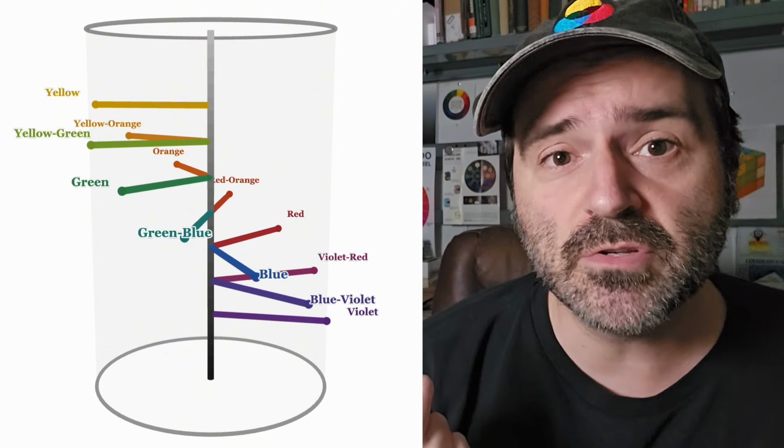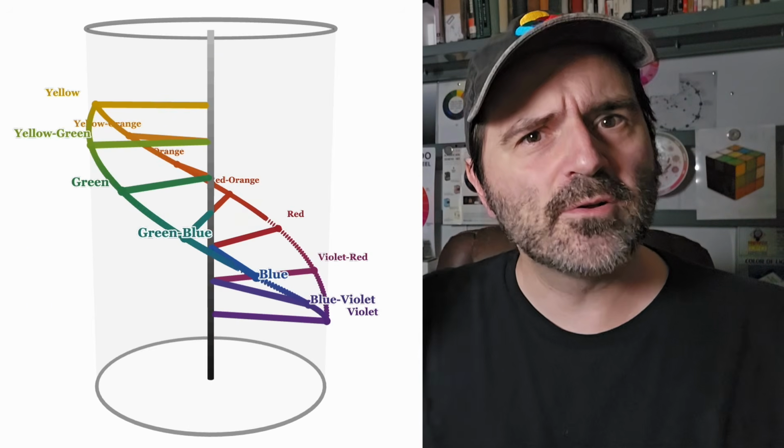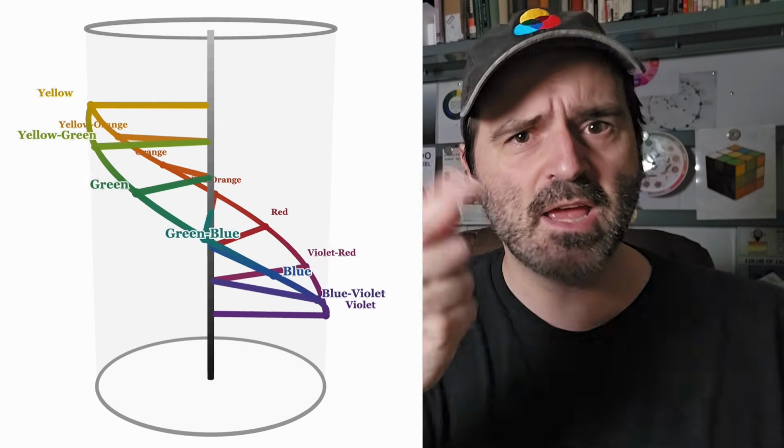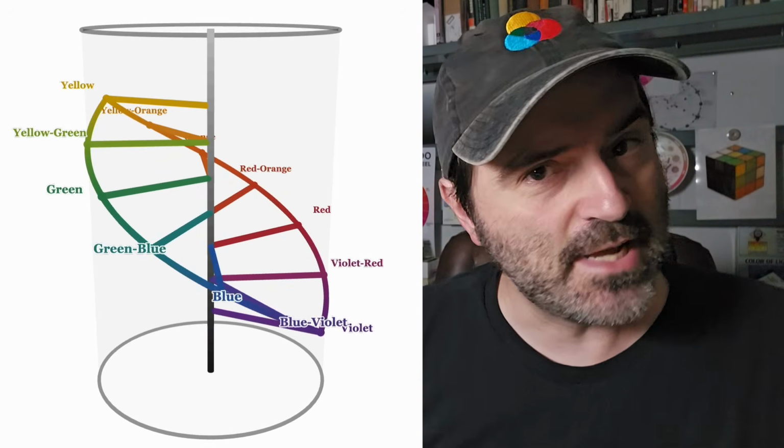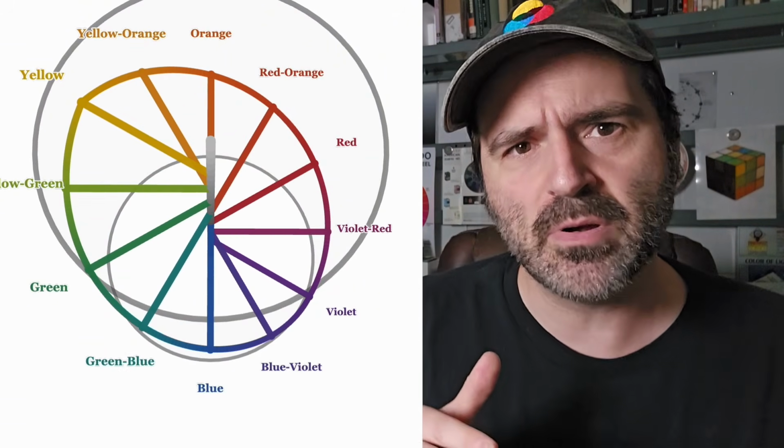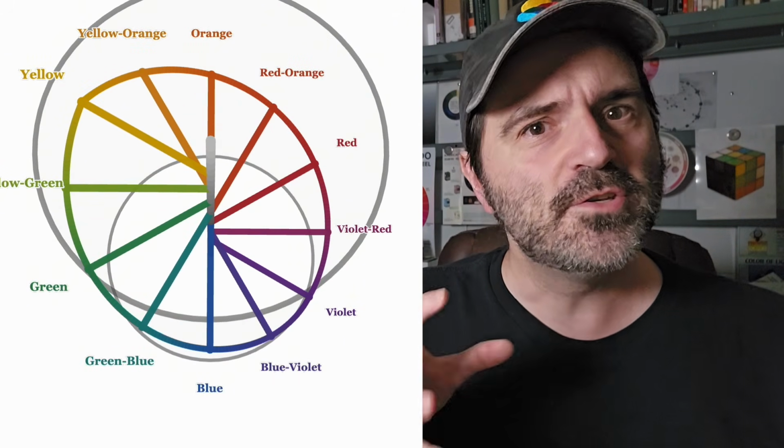In his side view, you can see he's sort of spiraling down around the surface of a cylinder in equal steps. So actually the shape of the color circle becomes two half helices joined at their highest and lowest points at yellow and violet.